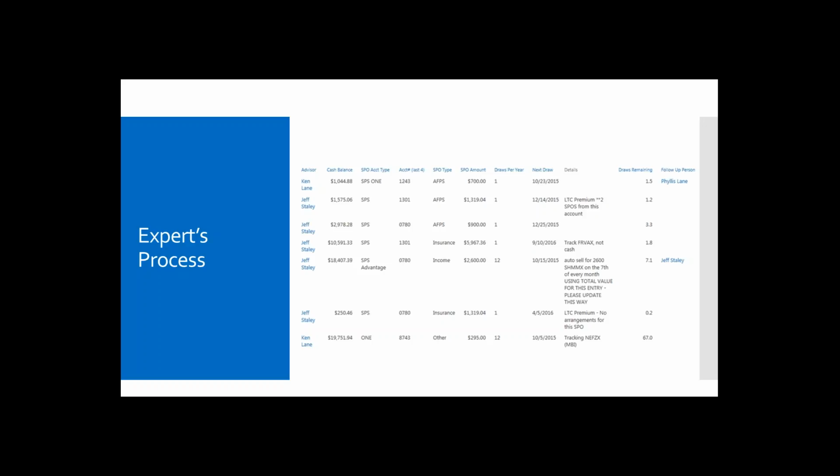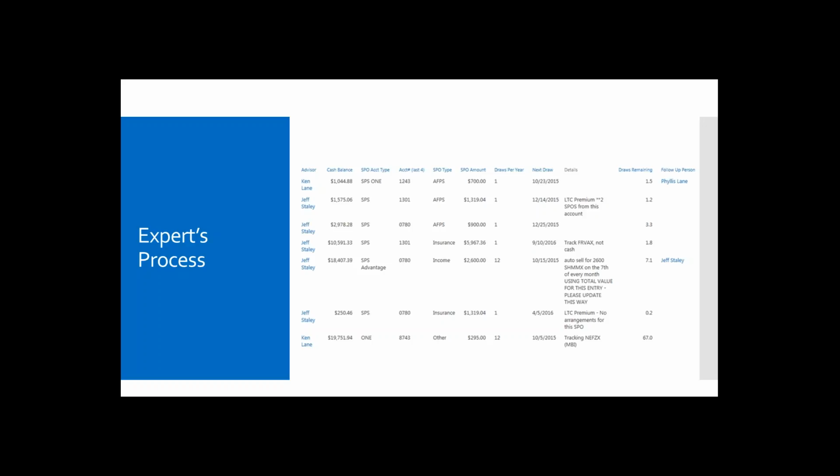Okay. All right. And your case managers are who determines, or works with the advisor to determine, the fund, correct? Right. So if you see it getting low, let's use the fourth one down on our slide, account number 1301.